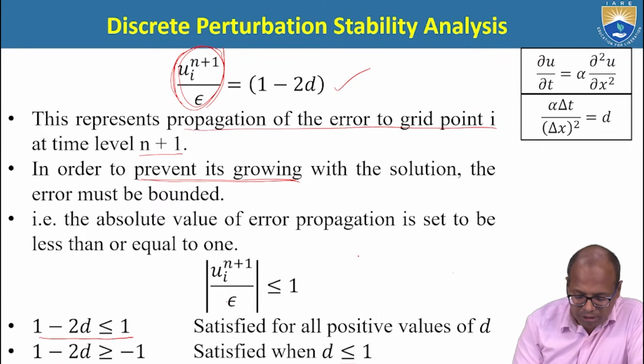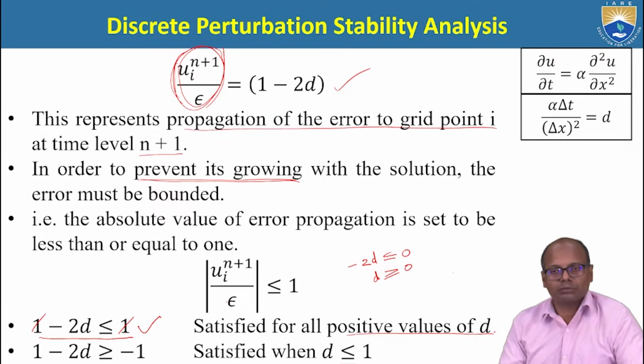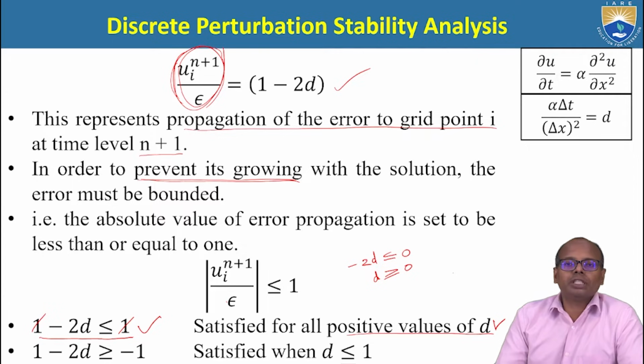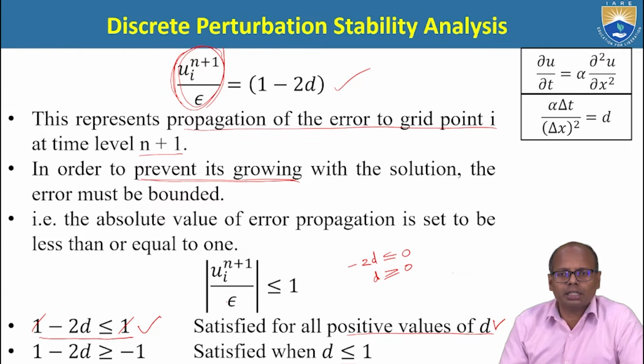The 1 will get cancelled, and I will get minus 2d less than or equal to 0, or d greater than or equal to 0. Generally d is a positive value, so this is satisfied for all positive values of d. So this is not imposing any condition for stability. It is saying that it is satisfied for all values.